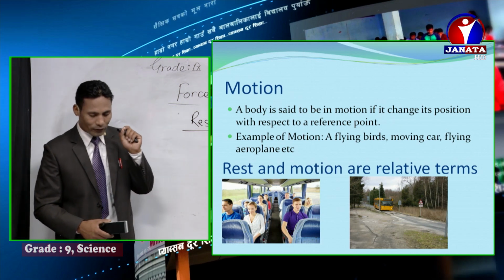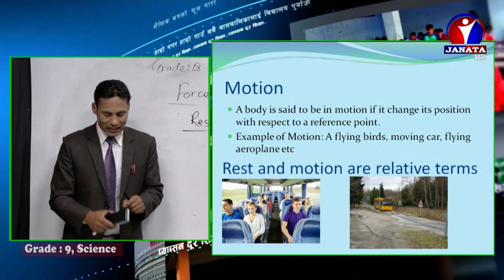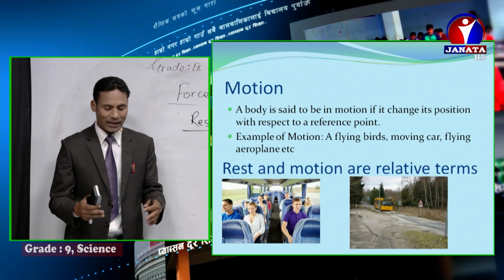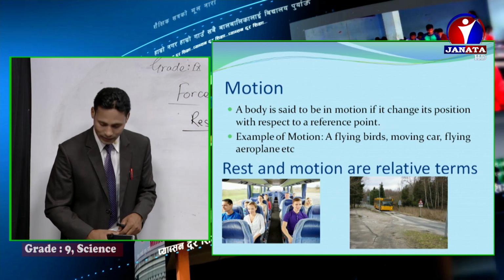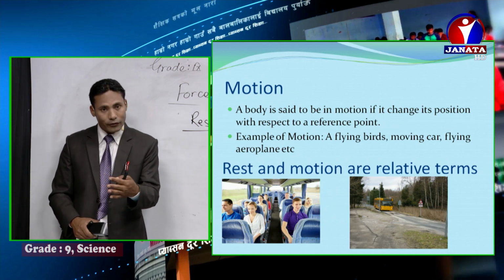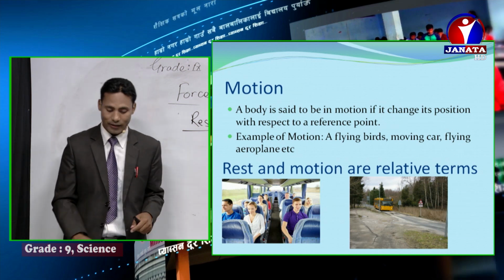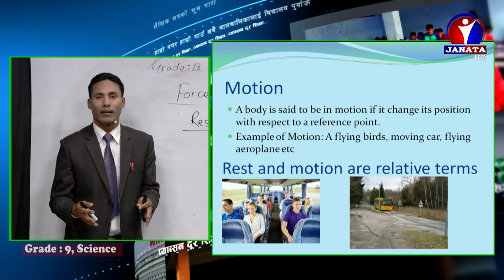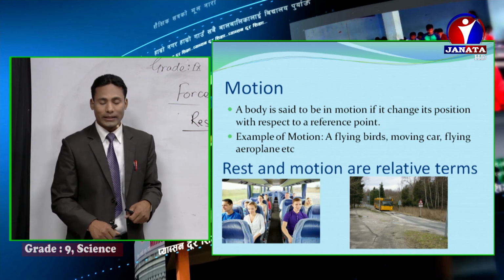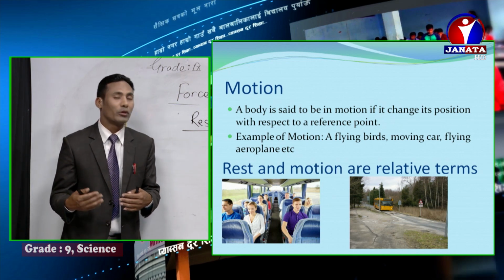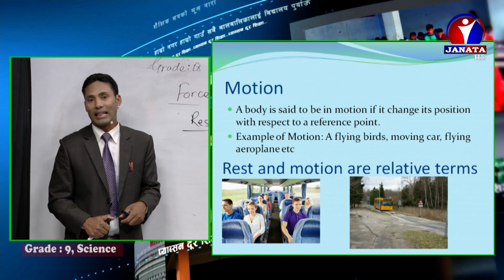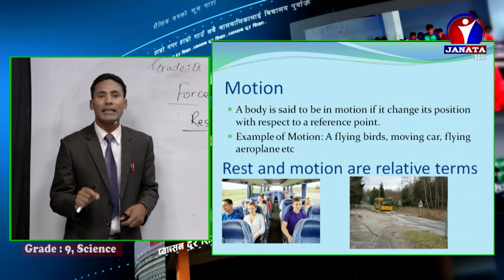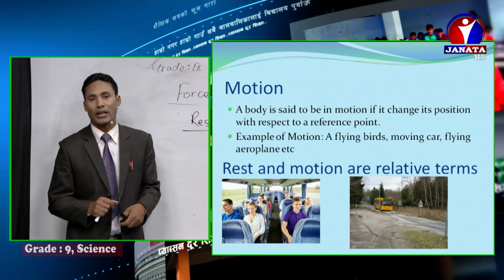So one more example for this relative term. You can see on the screen there are two pictures. One is the passenger inside the vehicle, and the other is the vehicle from outside. Let me explain this. Whenever the passengers are inside the moving vehicle, then the passengers with respect to another passenger are at rest because they are not changing their position with respect to others.